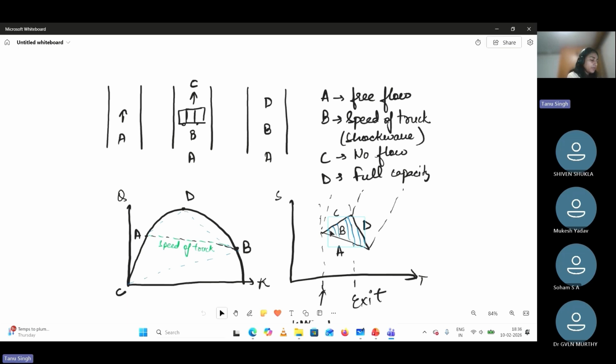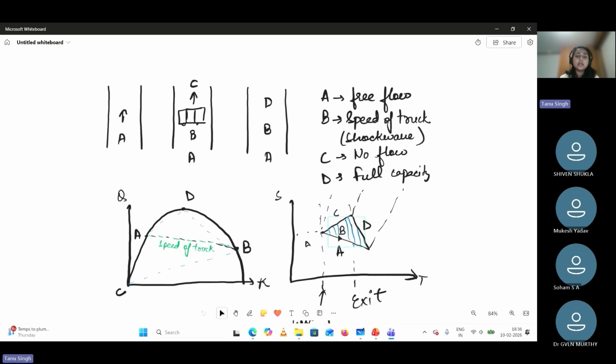Before that, all were moving in condition A. Then the truck enters and all the vehicles reduce their speed. We replicate these conditions here. From A to B, we see a slope, and we replicate this slope from this point. This will be the AB shock wave speed. Below that it is A, and above that it is B.